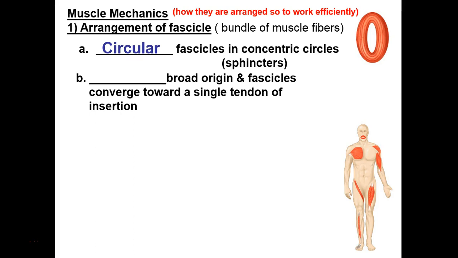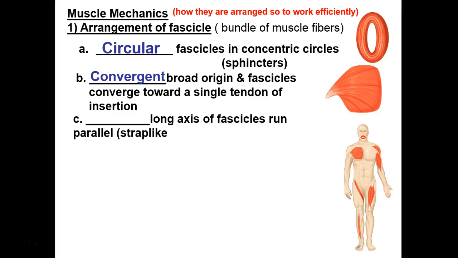Another fascicle arrangement has a broad origin and the fascicles converge towards a single tendon. Since they're converging, like the pectoralis major muscle, it all fans into that one spot. It's called a convergent fascicle arrangement.